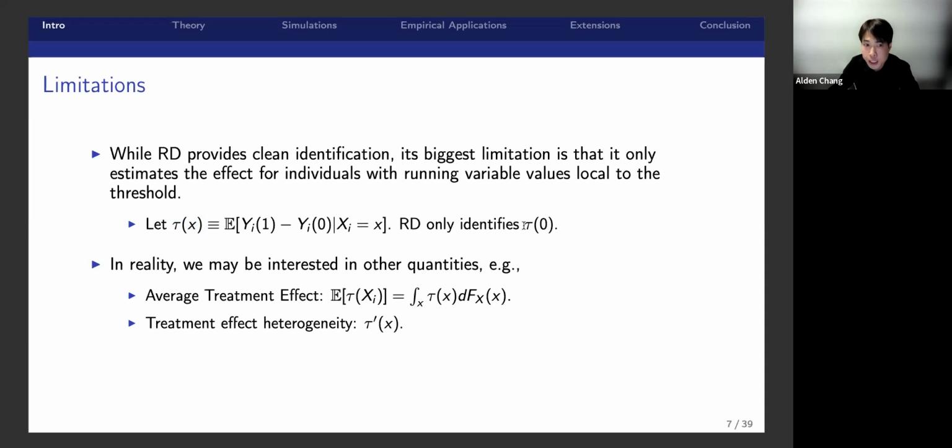Now, there are other quantities that we may be interested in, such as average treatment effects, which is basically the integral of tau of x over the distribution of x. But we can't really investigate that using an RD design. A second thing we might be interested in is treatment effect heterogeneity. So how does the treatment effect vary with x?